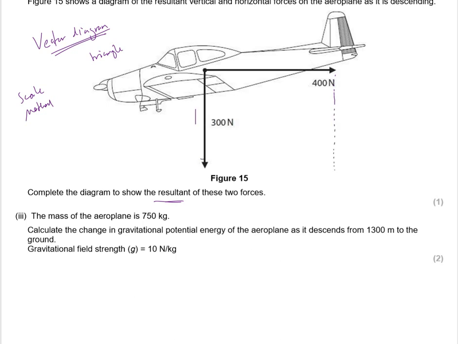This line here and this line here need to be parallel. Then we're going to draw a dotted line here. Use your ruler again. This line here and this line here need to be parallel, of course. So therefore, the resultant force would be in this direction. This shows which way it's going to move.